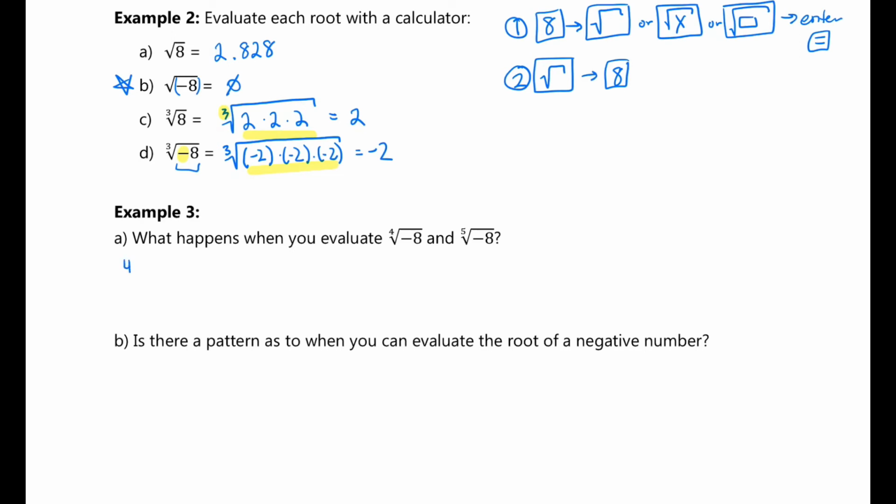The 4th root of -8 can be rewritten in an expanded way, but then we can't write this as some base to the power of 4 equal to 8, so I'm just going to keep it as 8. Let's take a look at the negative, and maybe multiply -1 multiple times.